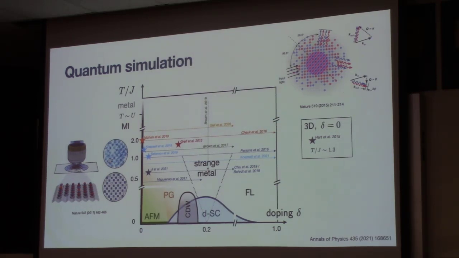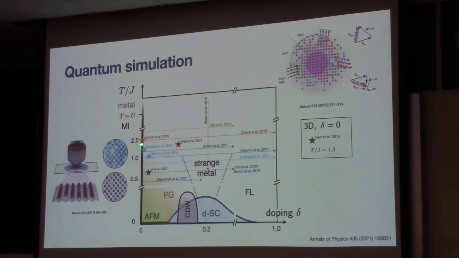Okay. So what I have here is a cut of the phase diagram of the SU(2) Fermi-Hubbard model. On the y-axis we have the temperature, and on the x-axis we have the doping. And by doping, this means that we remove some particles from the system.